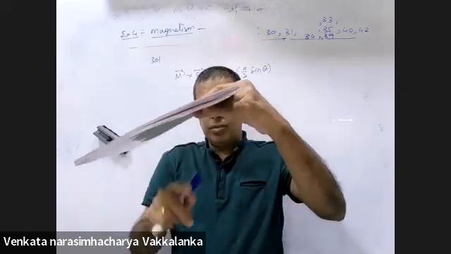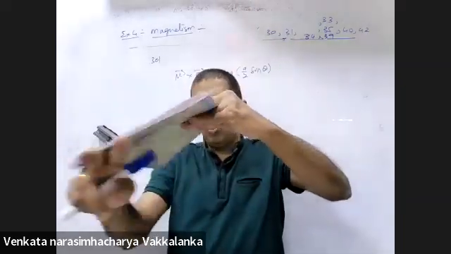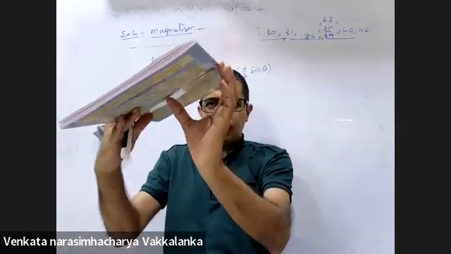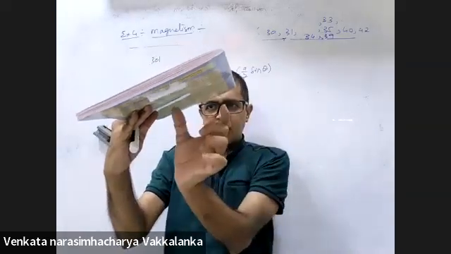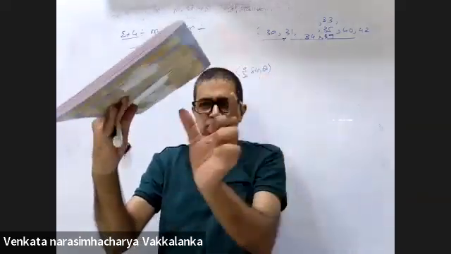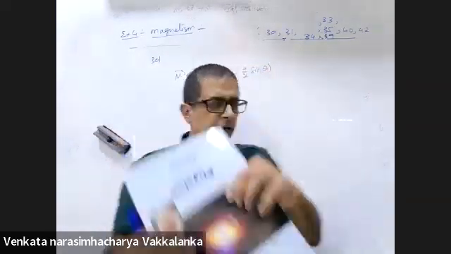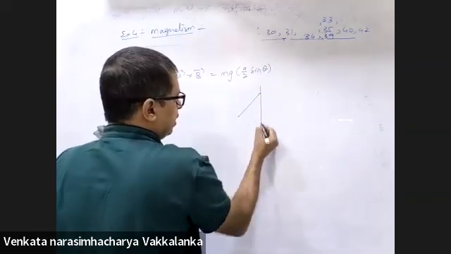If you get the torque mu cross B about this axis, you will take mg, whole of the weight acts at the center of mass. Mg into perpendicular distance from this axis. If I draw the loop like this, it is going perpendicular to the board.